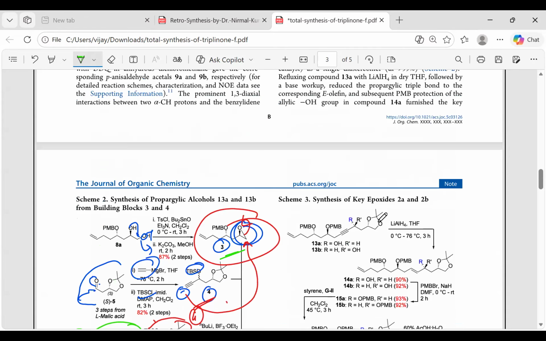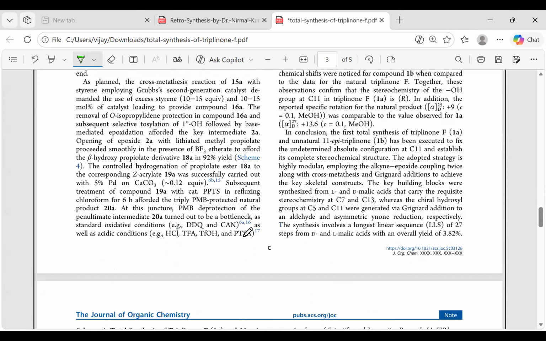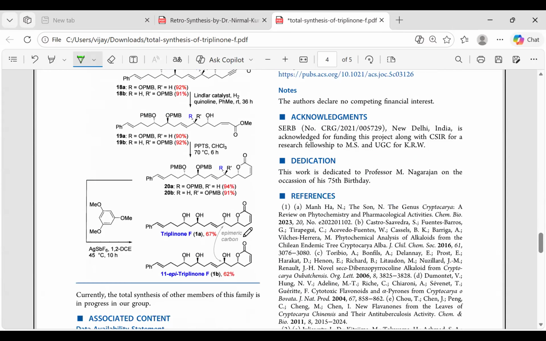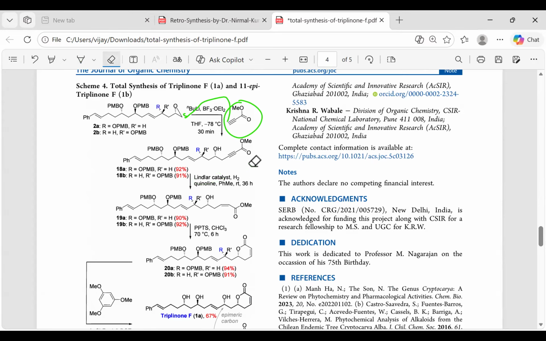I think the final molecule is here. You can see there are several other steps, particularly some additional group attached here. They get this intermediate, then again they used the Lindlar catalyst. Here is a clear example of the Lindlar catalyst that I have also mentioned several times.